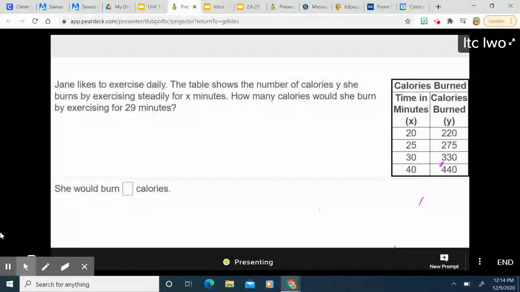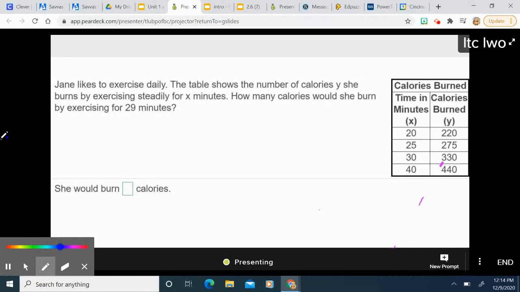Okay, so let's talk about it. So on this one, they don't straight up say, here's your constant of proportionality. Like if they would have given us 1 and then whatever our y is, then they would have told us our constant of proportionality. But in this one, we need to find it. So let's do 220, our y, over x, which is 20.